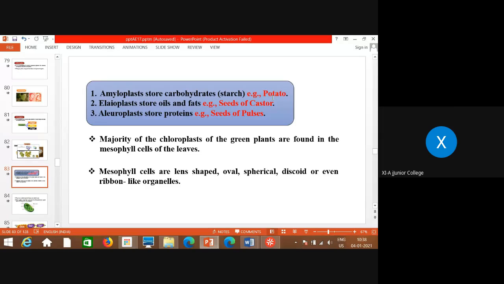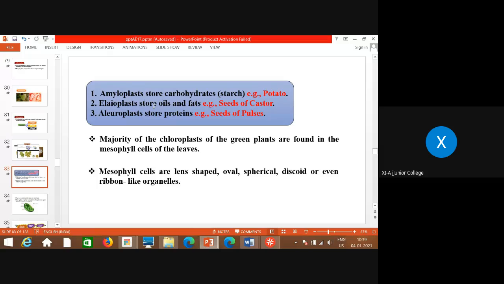Everybody knows potato stores starch. So in potato, which type of plastids are present? Leucoplasts, and among the leucoplasts, amyloplasts, which store carbohydrates, that is starch. Then elaioplasts store oils and fats.